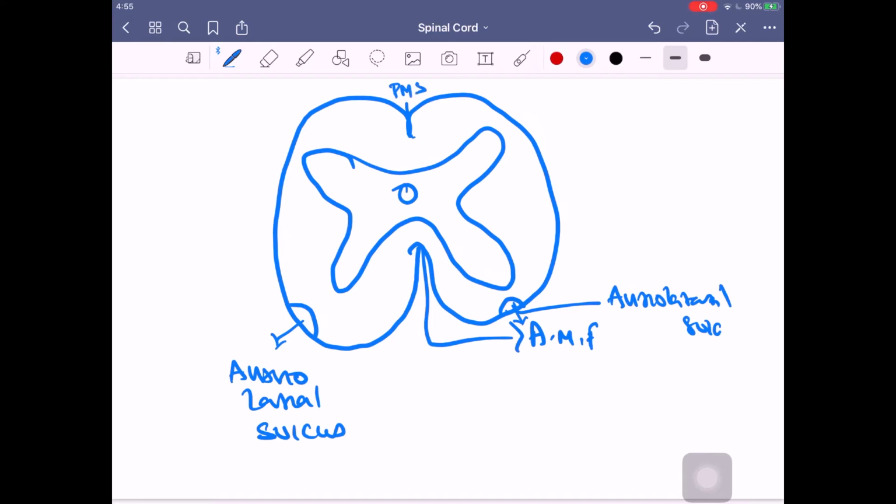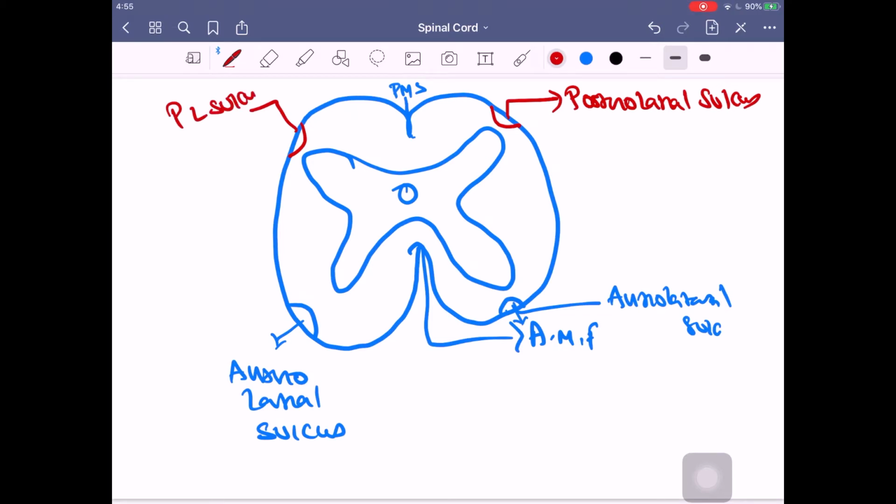Then posteriorly we call this a posteromedian sulcus with a subarachnoid septum in it. Here you have one sulcus on the posterior horn side, and these are your posterolateral sulcus, right and left again.